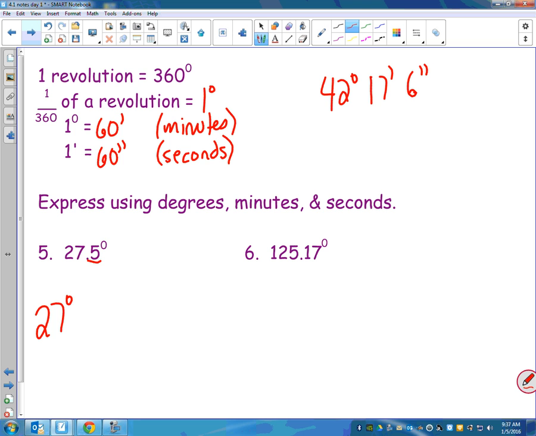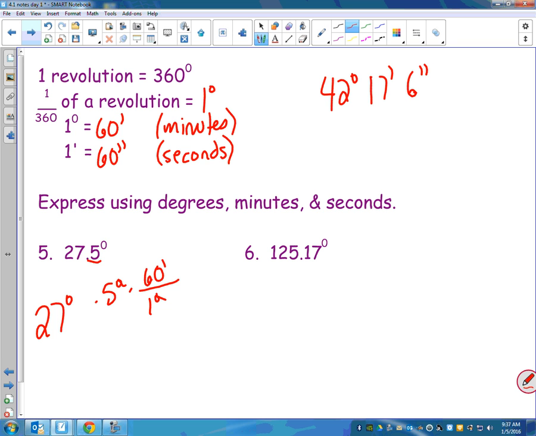So I'm going to say 0.5 degrees, and I would multiply by how many minutes are in 1 degree. 60, right? That's my conversion. So just like we did with the degrees and radians, I would say, well, 1 degree would go on the bottom, and I would multiply by 60 minutes, because then my degrees cancel out.